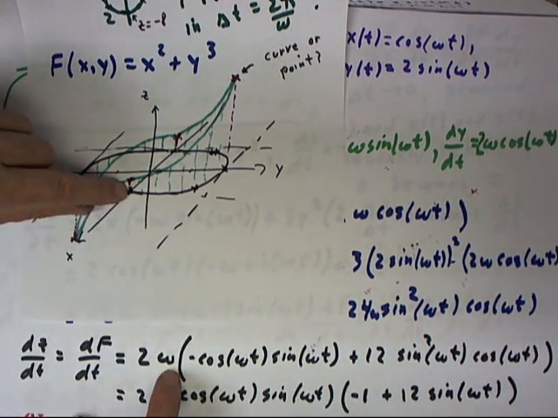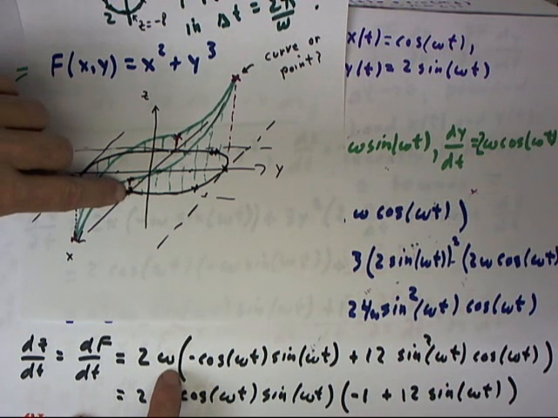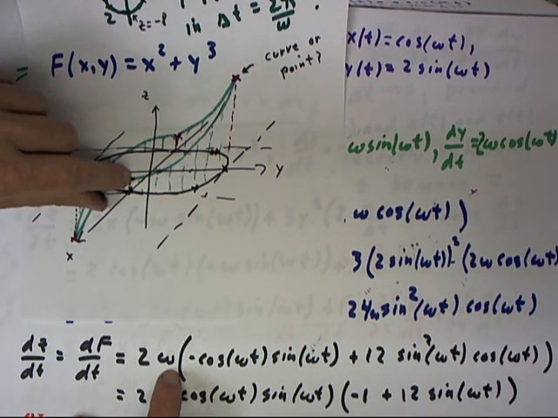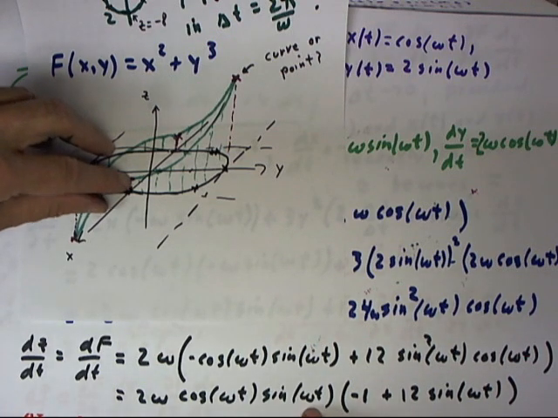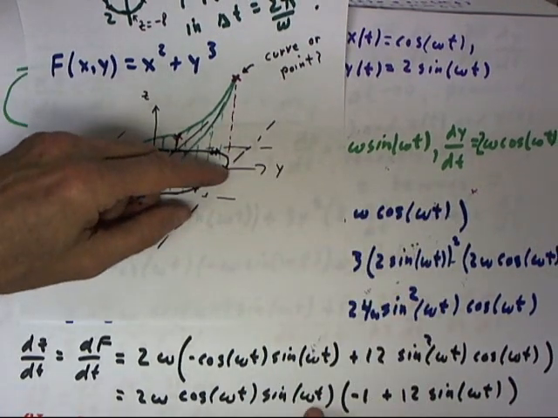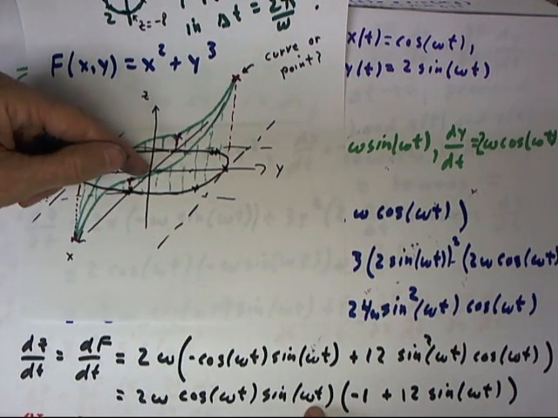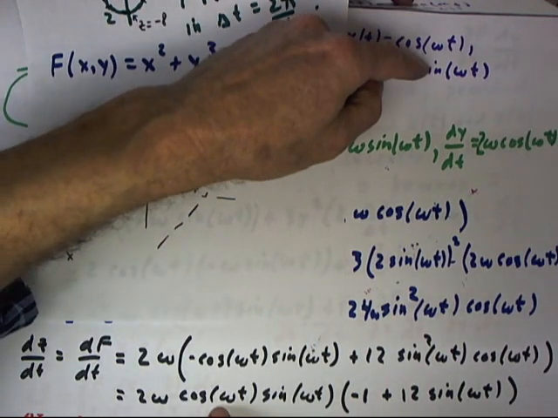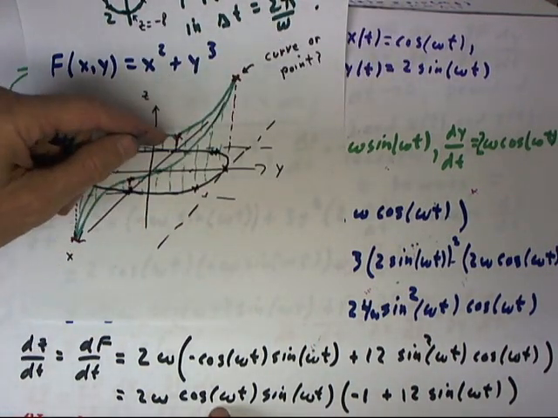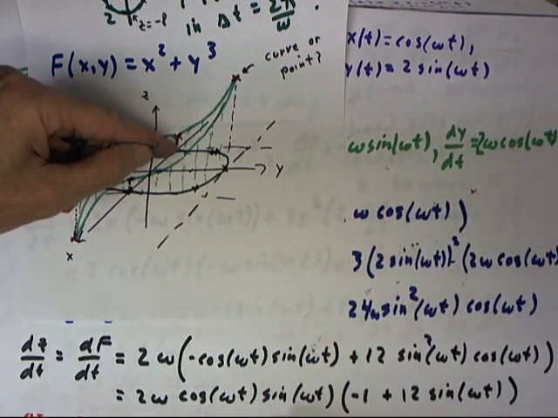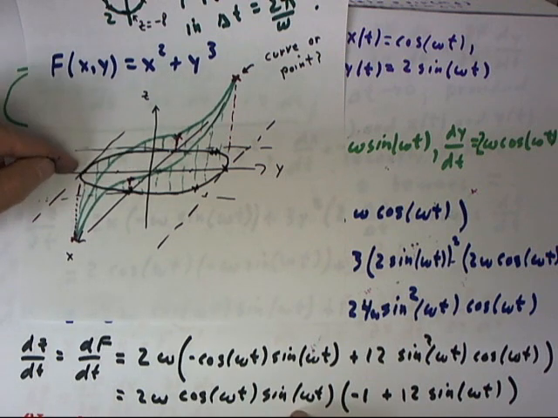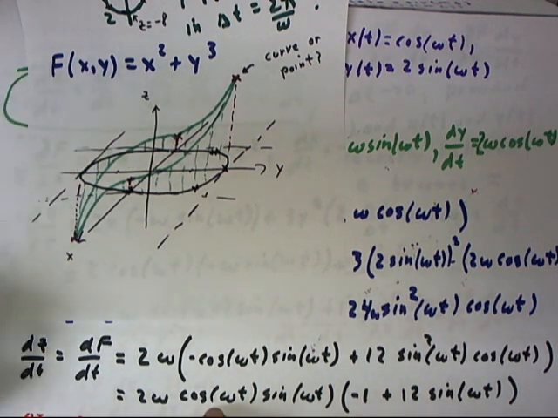At the x equal or t equals 0 point, the sine of omega t is 0. At this point of the ellipse, we're at this point because the cosine of omega t, which gives us our x of t, is 0. At this point, our y is again 0 because the sine of omega t is 0. And at this point again, the cosine of omega t is 0.